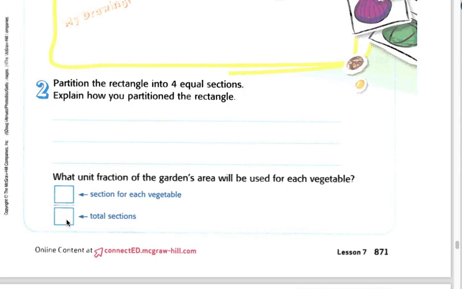There were 4 total sections in the rectangle we drew. And then what fraction of a section will be used for each vegetable? Well, there'll be 1 vegetable in each section. So our fraction here is 1/4. 1 section out of 4 for each of those vegetables.